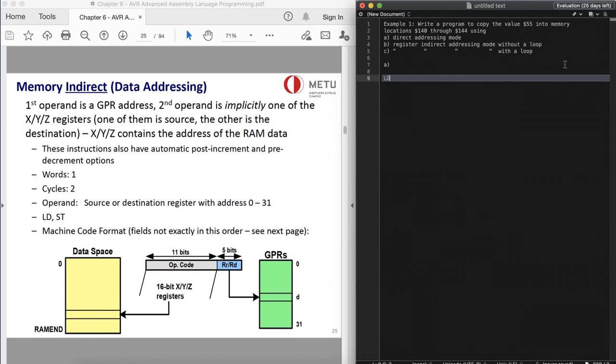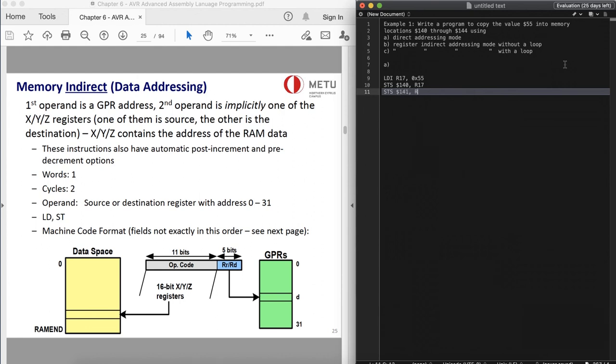In this case, we start with LDI, defining one of the registers to hold the value 0 hex 55. Then we use the STS instruction, starting with the address 140, and copy the value of R17 into 140.